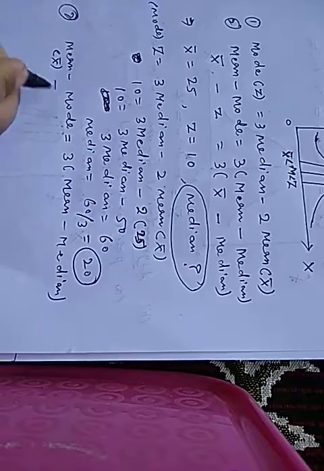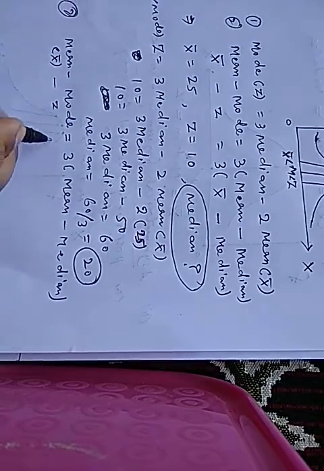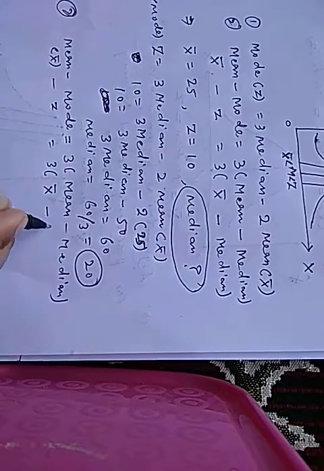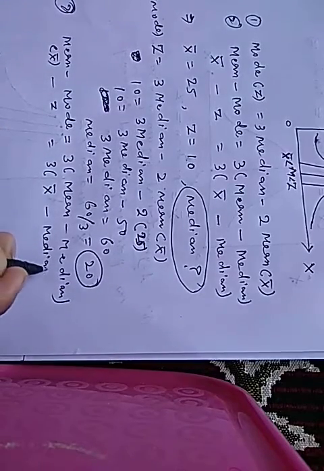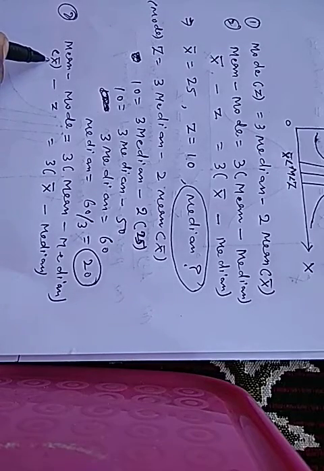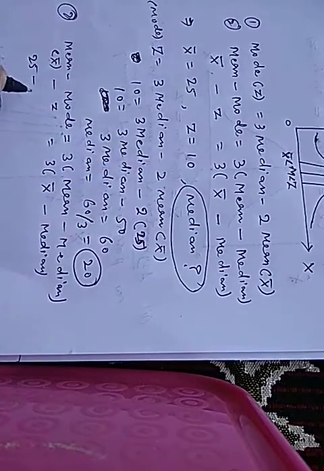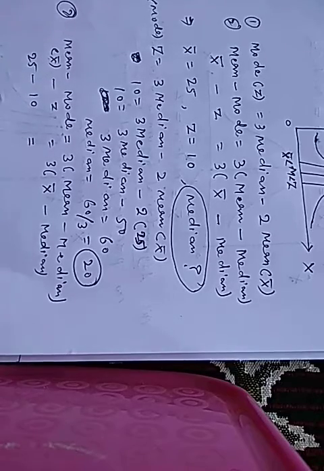X bar minus z is 3 times arithmetic mean minus median. The value of arithmetic mean is given equal to 25, and the value of mode is given equal to 10.